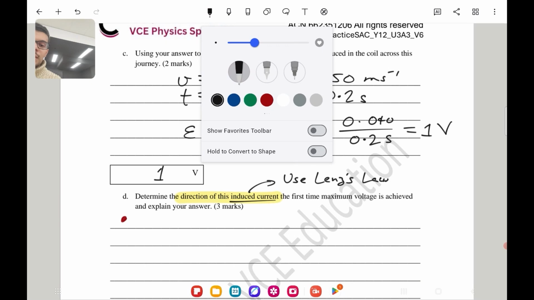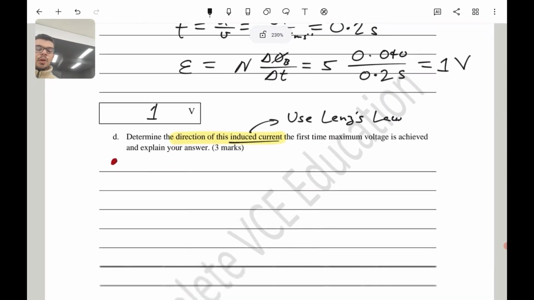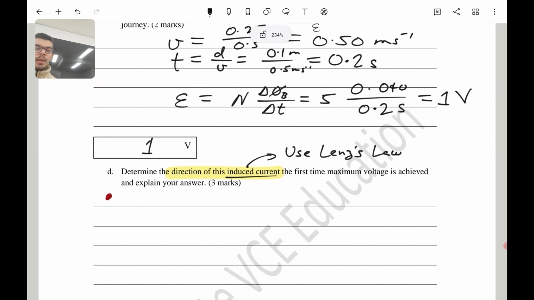For the first step, we can go through the initial change in magnetic flux.